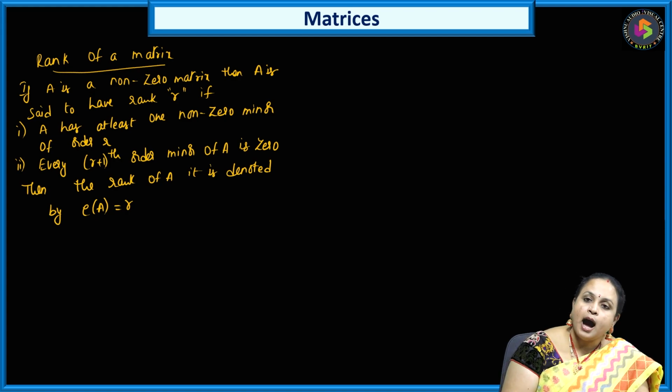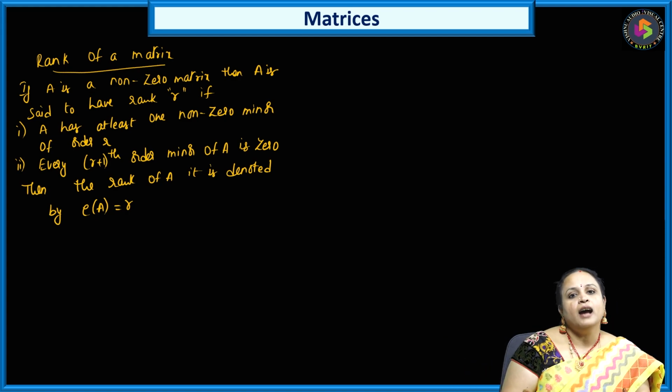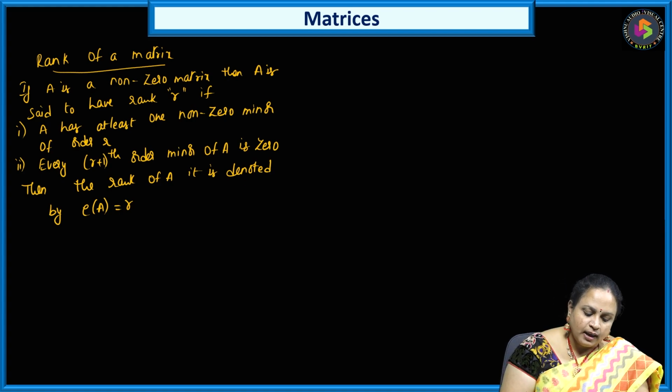And every R plus 1th order minor, that means every minor of order greater than R, is always 0. Then in such cases, we say rank of A is R. And A should be a non-zero matrix. And rank of a zero matrix is always 0. If A is a non-zero matrix, then A has at least one non-zero minor of order R, and every R plus 1th order minor of A is 0.